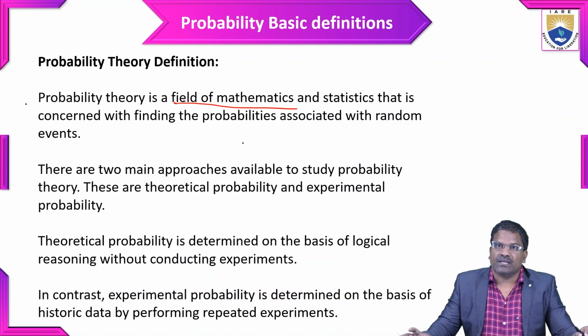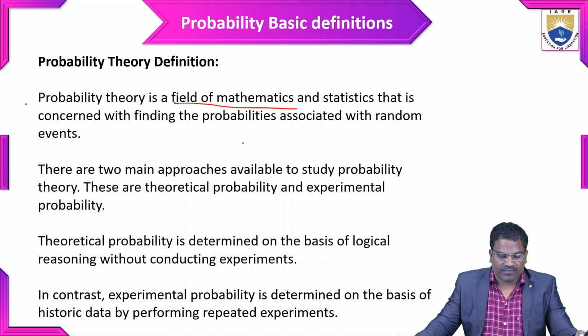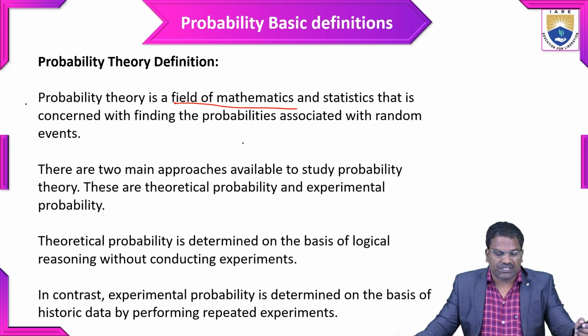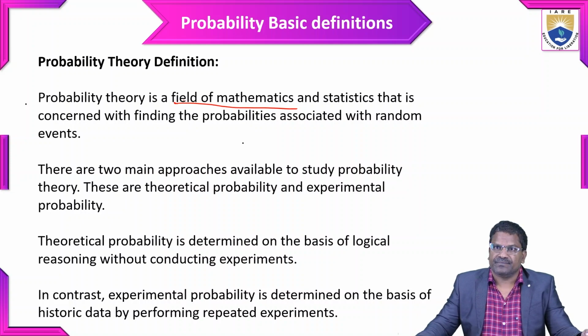These are theoretical probability and experimental probability. Theoretical probability is determined on the basis of logical reasoning without conducting experiments. In contrast, experimental probability is determined on the basis of historic data by performing repeated experiments.